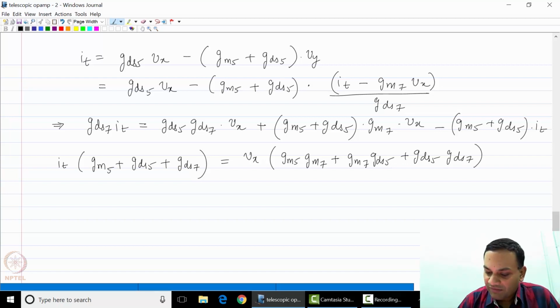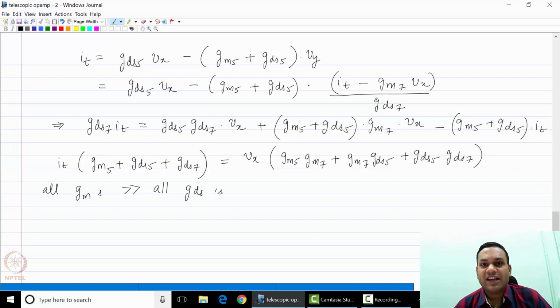Now, we will say that all the gms are much larger than all the gds. In other words, all the transconductances are much larger than all the output conductances.